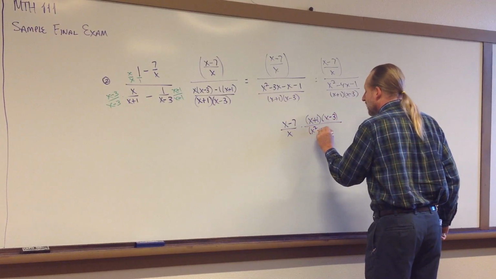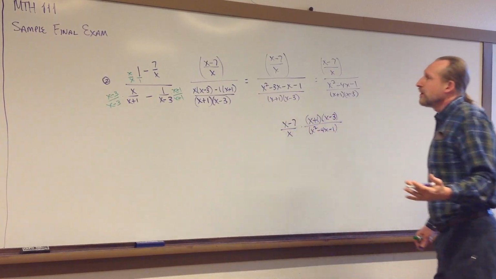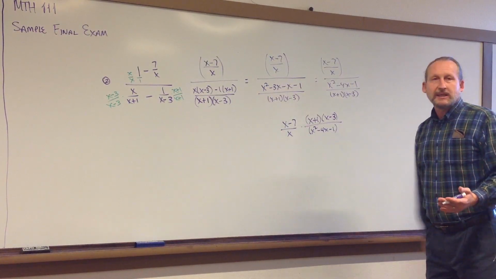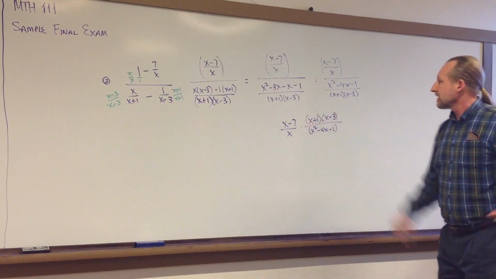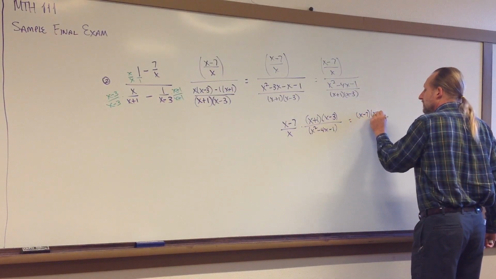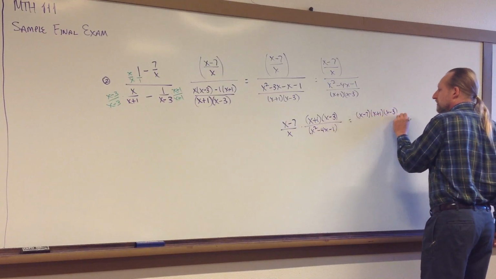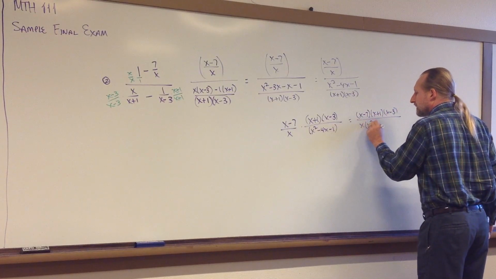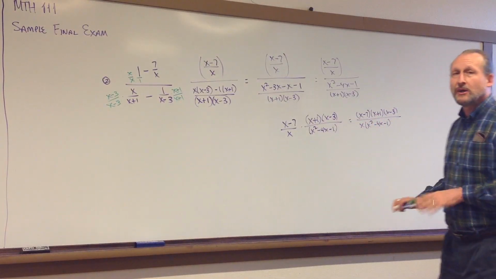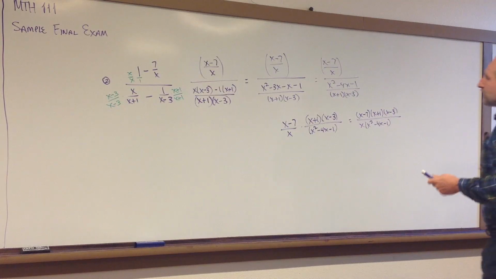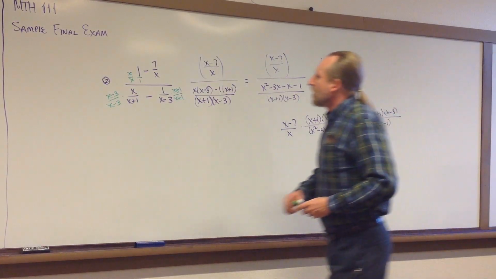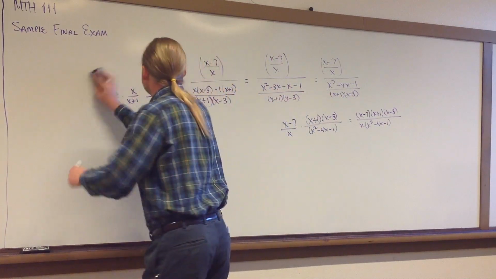This x squared minus 4x minus 1 isn't factorable, and this x is not going to cancel with anything, and none of these are going to cancel with anything. So all we end up with here, (x minus 7)(x plus 1)(x minus 3) on top, and x times (x squared minus 4x minus 1) on the bottom. If you want to multiply all those out, you can, but I wouldn't recommend it. It's kind of a waste of time. Okay. All right, that's problem 2.